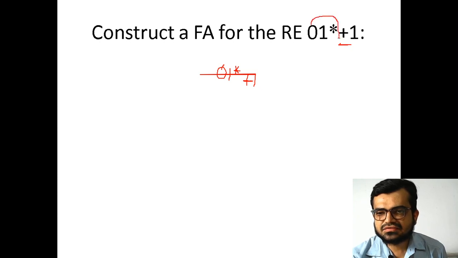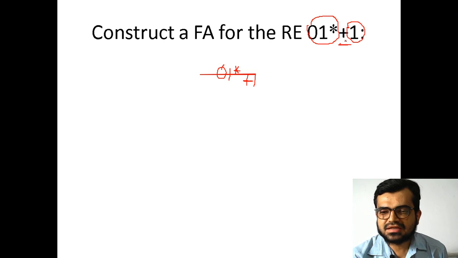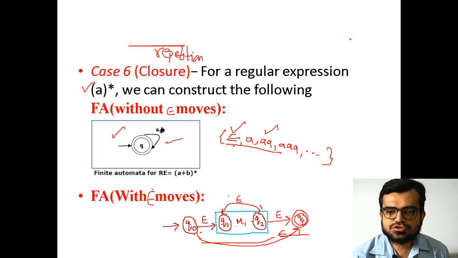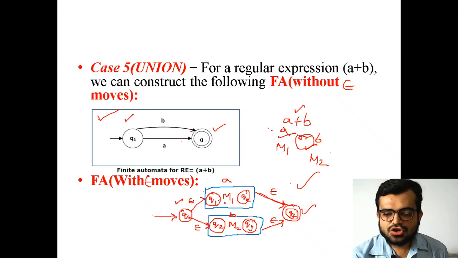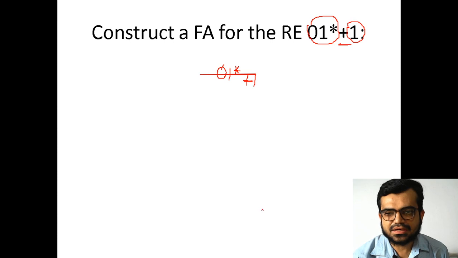I am making this as one entity, one part, and performing plus, that means the union operation. If you go back to union, this is how it works with epsilon moves. So here M1 will be 0 1 star, and M2 will be 1.